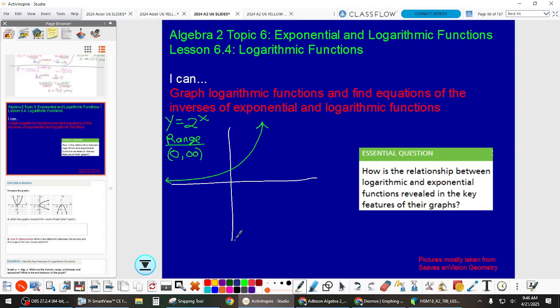Because when you do an inverse, it reflects across the line, this line, y equals x. So where should this green line go to be reflected across that line? It looks like that. Okay, so that's our log base 2 of x. That's that function.